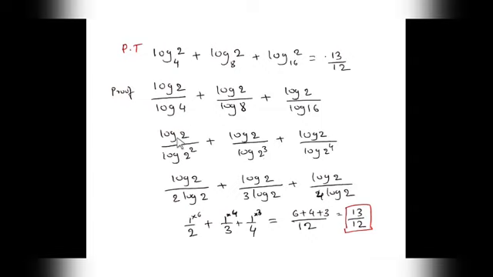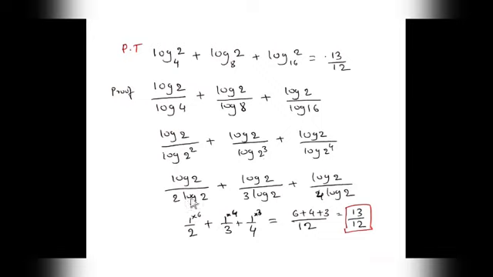Later we can write this as log 2 divided by log 2 square, as 4 is 2 square, log 2 divided by log 2 cube, as 8 is 2 cube, plus log 2 divided by log 2 raised to 4, as 16 is 2 raised to 4. Now according to the third law, we can take this power as coefficient.